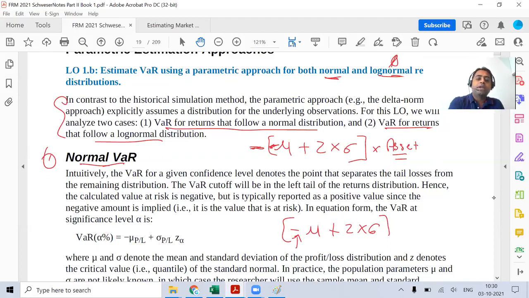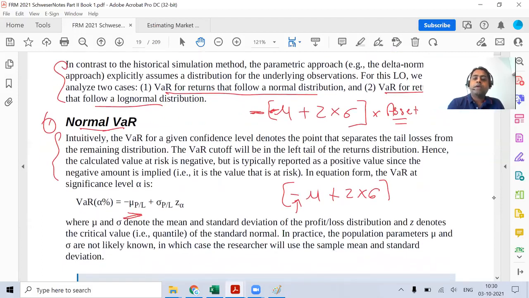If you read this paragraph, they are talking about the same negative over here. I want you guys to have a read over here in this part. Look at the formula. This is for VAR percentage, because till the time we multiply by asset price, it is not going to get converted into dollar value. One more important line, VAR cutoff will be the left tail of the return distribution.